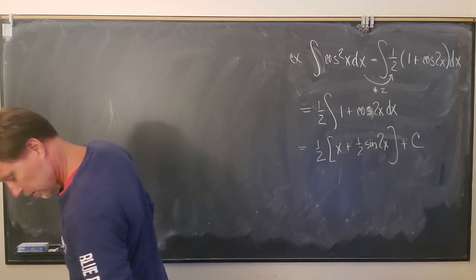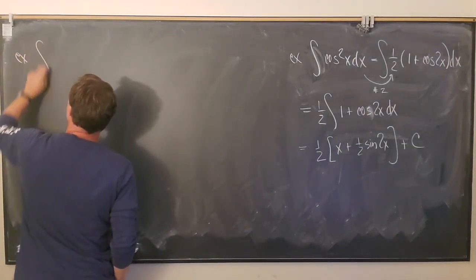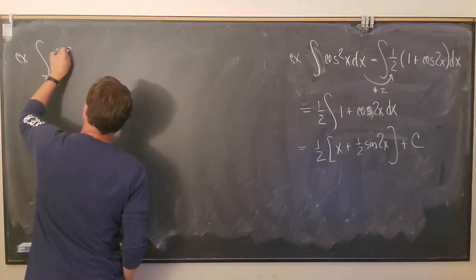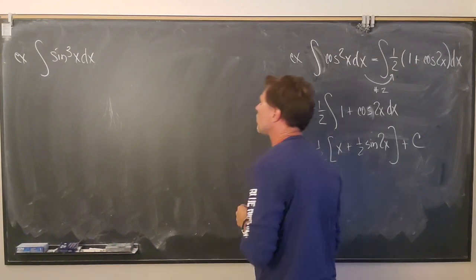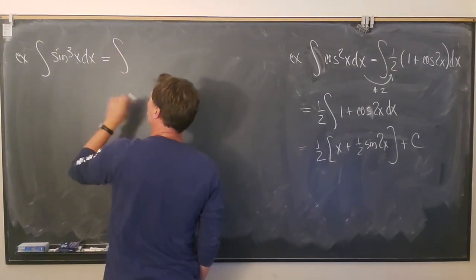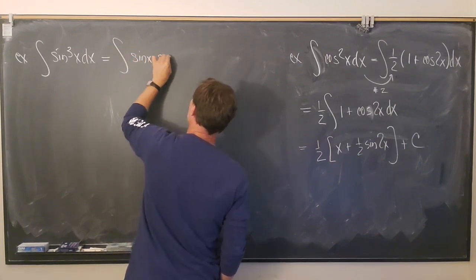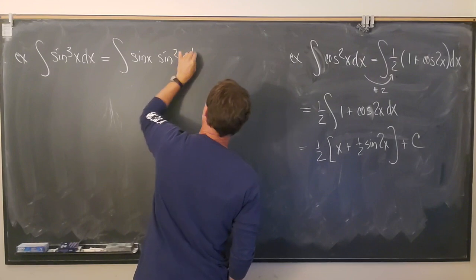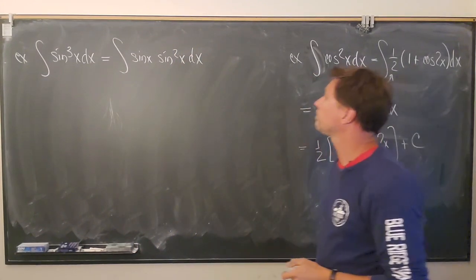Next example, let's look at sine cubed x. Now, I'm just going to work this one out and show how it goes. So sine cubed, that means sine x times sine squared x dx. I peeled one factor of sine off of this.